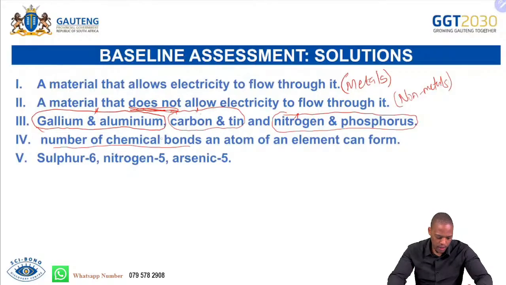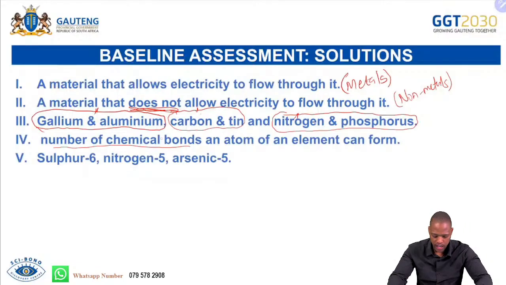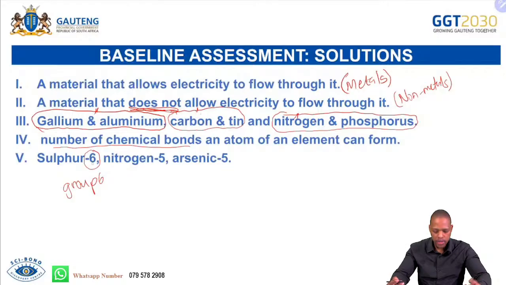Then a question was asked: what is the valency of sulfur, nitrogen, and arsenic? The valency of sulfur is 6. If you look at sulfur, you find it in group 6, so its valency is 6. It's able to form 6 bonds.